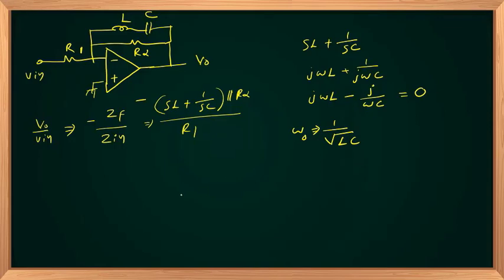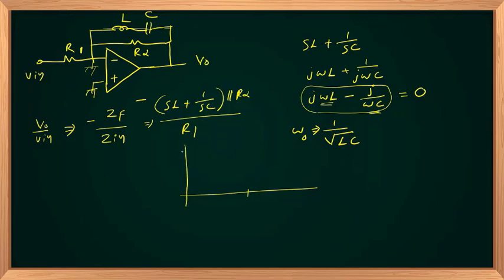At the resonant frequency, both impedances will be equal in magnitude and they will cancel each other. Omega L equals 1 upon omega C. Then this will become a short circuit. The moment it is shorted, with negative feedback V plus equals V minus, this is grounded, so V out goes to ground.